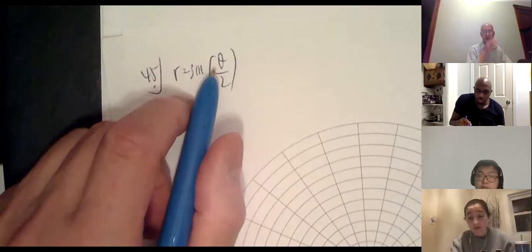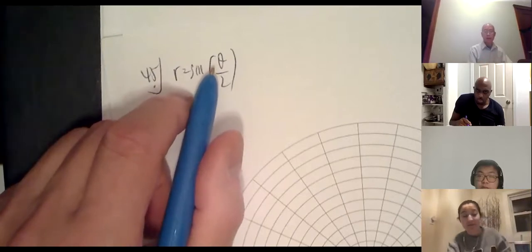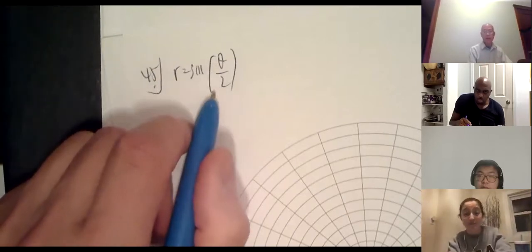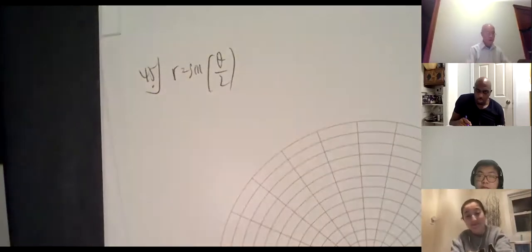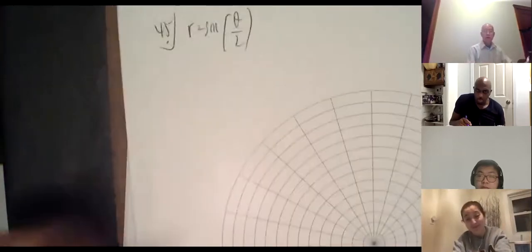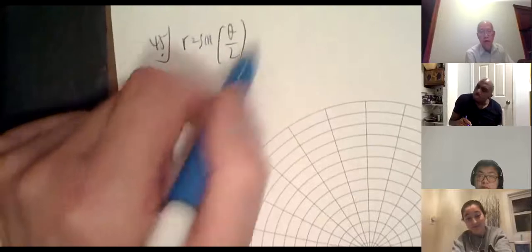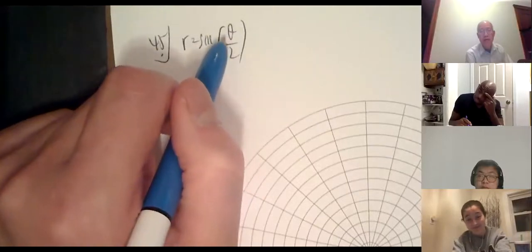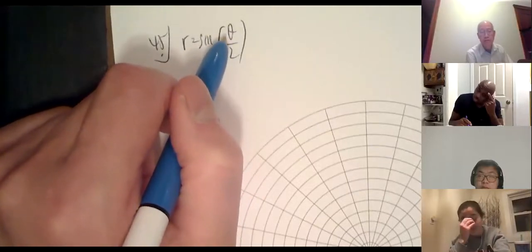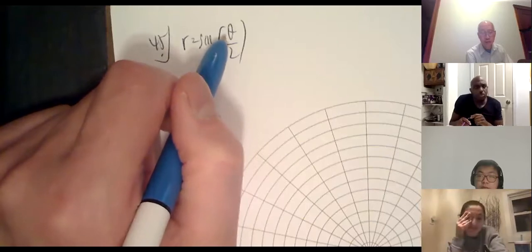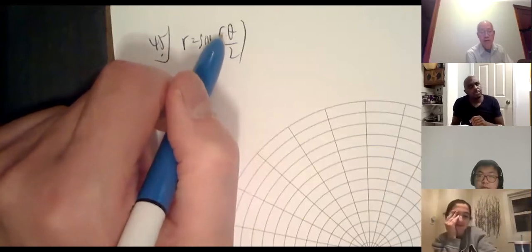Here I'm going to plug in, let's say, 90 degrees, because if I plug in 90, I'll get 90 divided by 2, which is 45. So I'm not going to be able to go all the way around until I get to 720 degrees. See, the period's 4 pi. So I need to go all the way out to 4 pi this time. So the maximum r is 1.